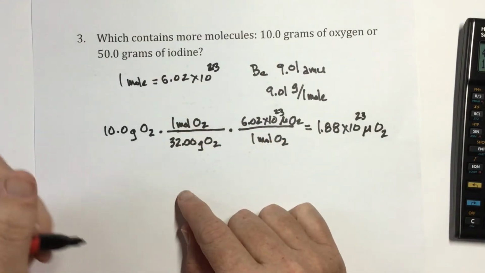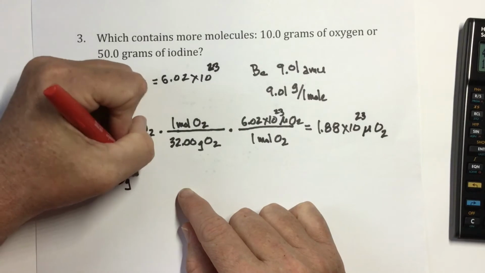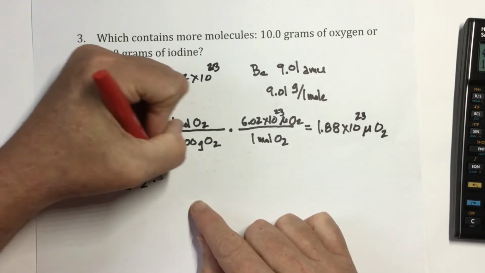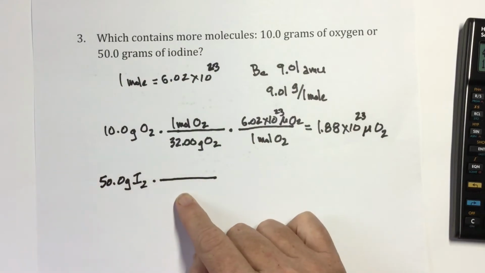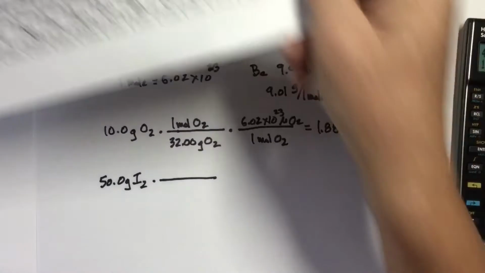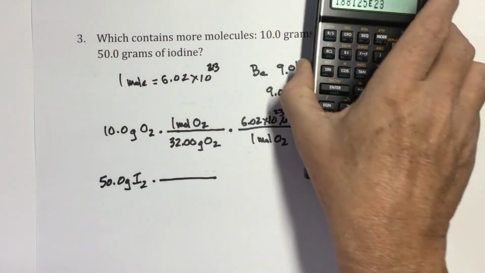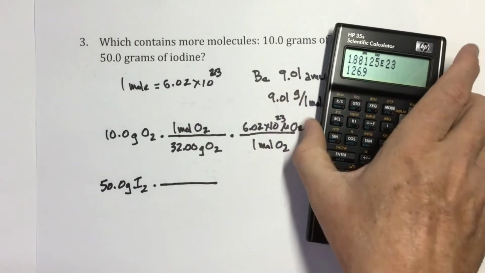So now let's turn our attention to the iodine. 50.0 grams I2. So again, I first want to convert that to moles. So the atomic mass of iodine is 126.90.